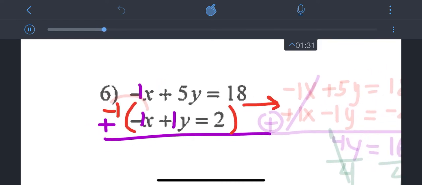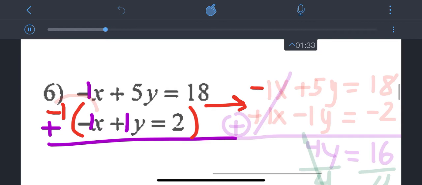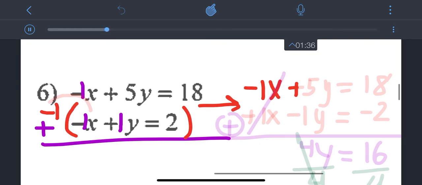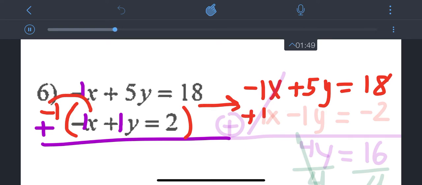The top one's not going to change, so I'm just going to recopy -1x plus 5y equals 18. And now I'm multiplying everything by -1. So we got -1 times -1, which is positive 1x. And then -1 times 1y is -1y. And -1 times 2 is -2.